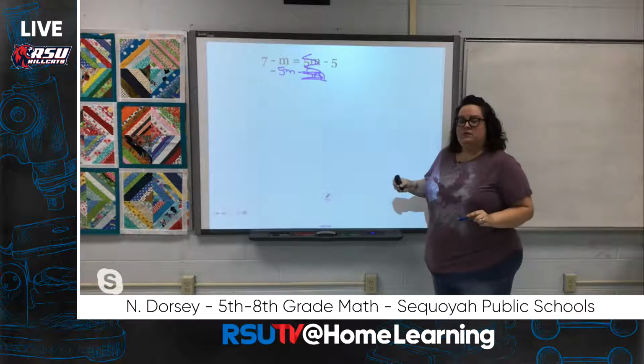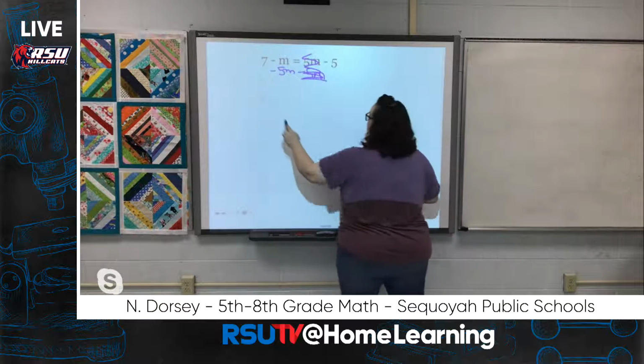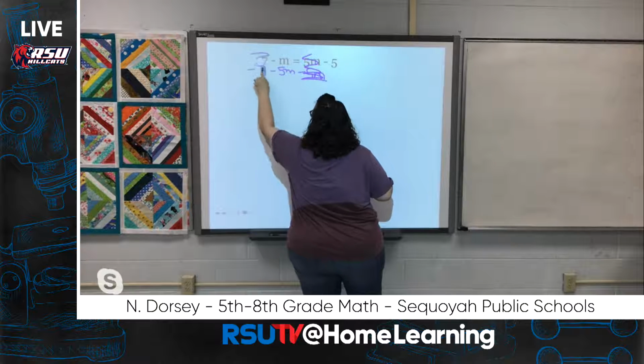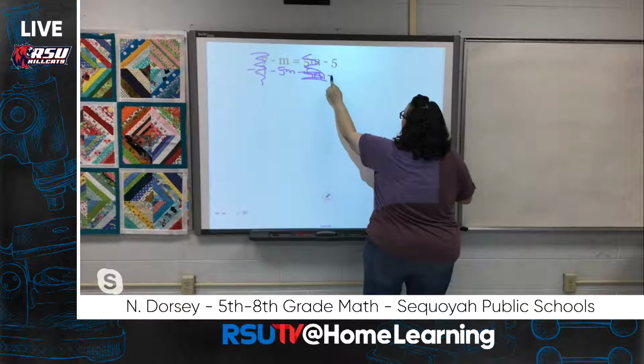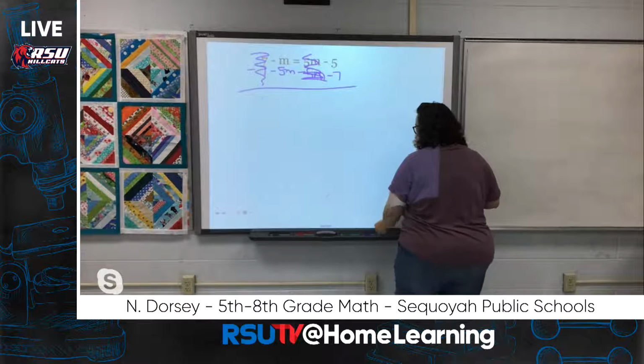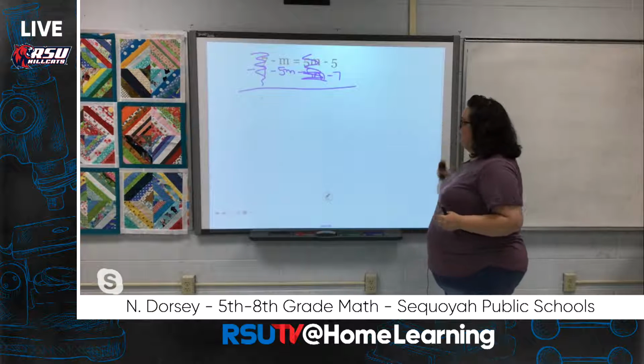Remember, whatever I do to one side, I have to do to the other. So if I move something over to the left, I have to move something to the right. So that positive m becomes negative 7. Now, I just do the math.